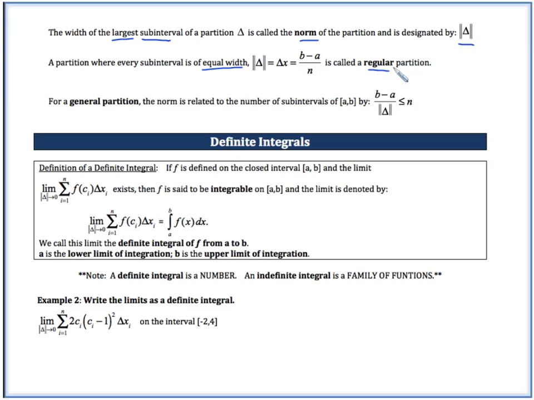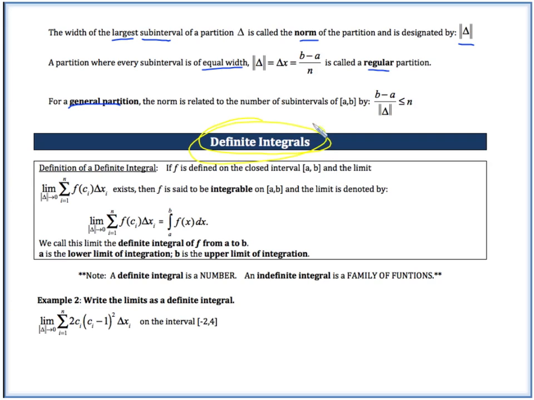And that's what we were dealing with earlier until we got to the Riemann sum where our partitions were different widths. Now for a general partition, the norm is related to the number of subintervals like this. So b minus a over your norm is going to be less than or equal to n, okay, because this is your greatest subinterval.